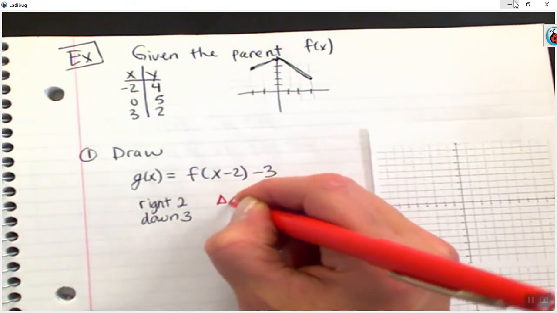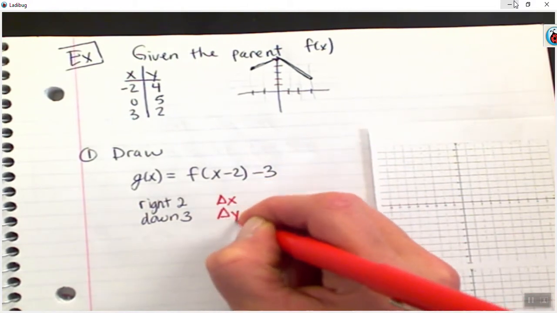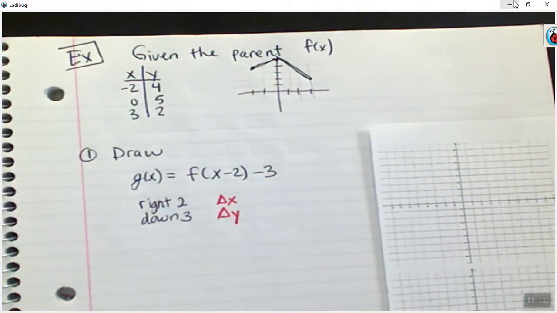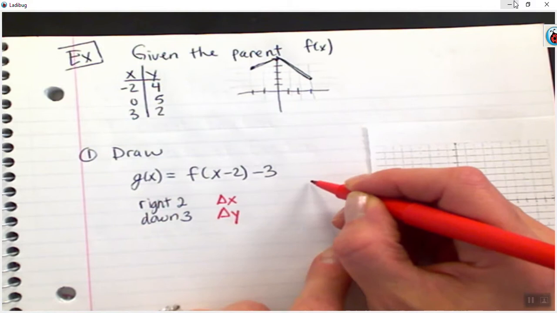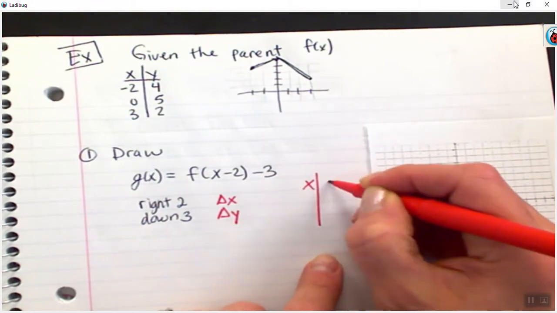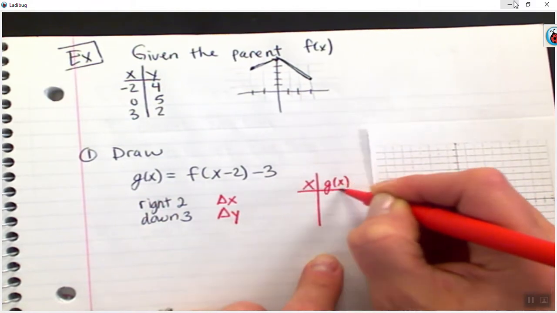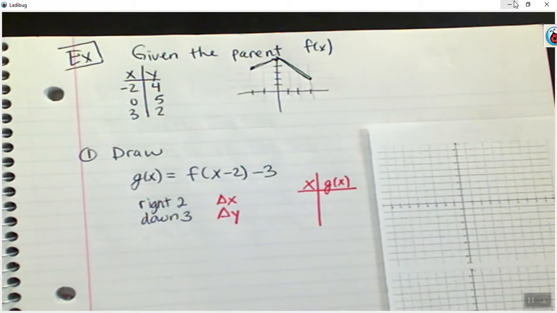I am going to do it in a different color just to help me see what I'm doing. Now I'm ready. I've identified the transformation that I need to draw.